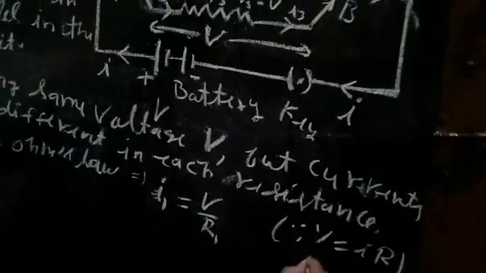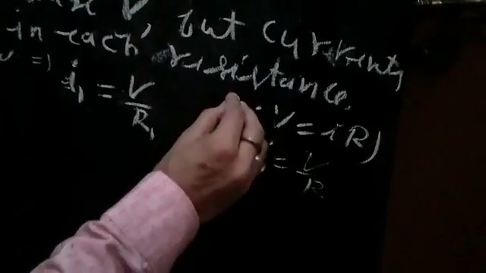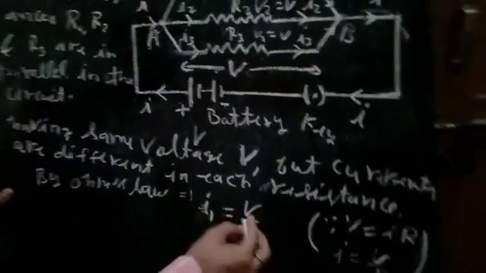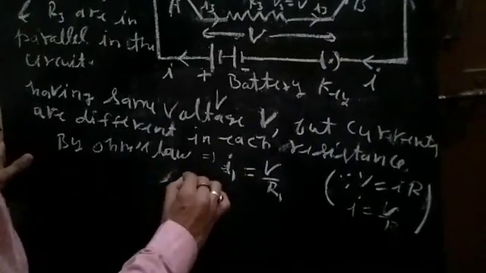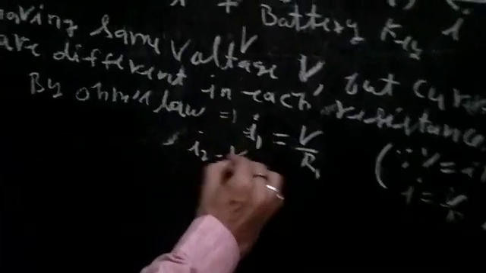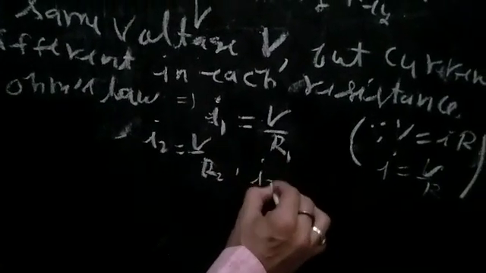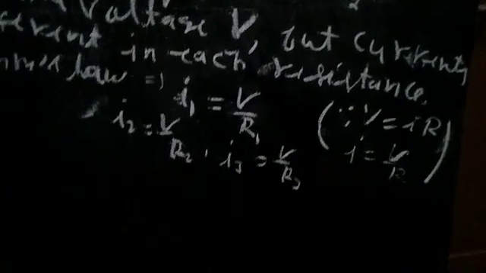That's why I is equal to V upon R. So I1 is equal to V upon R1, I2 is equal to V upon R2, and I3 is equal to V upon R3.